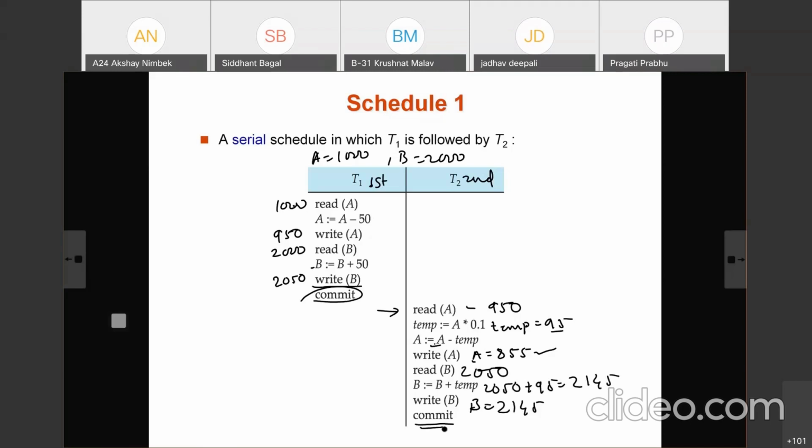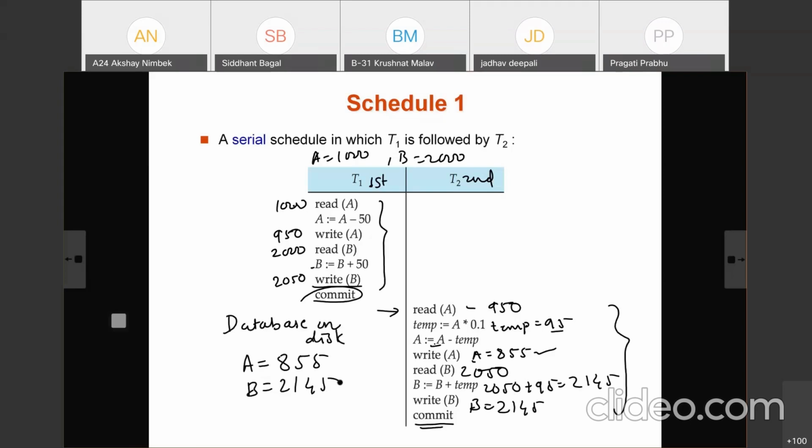So it first executes transaction T1, then it executes transaction T2. What is the value stored in the database now? What is the value of A stored in the database on the disk? 855. Correct. And what is the value of B stored? 2145.